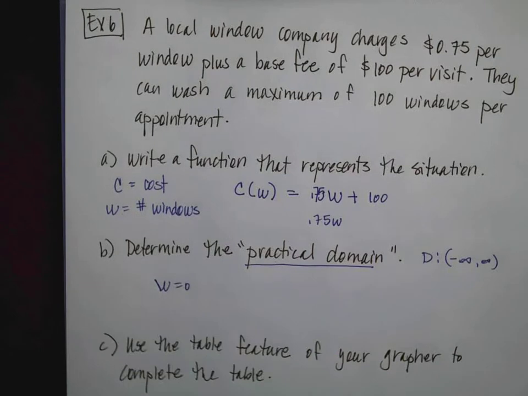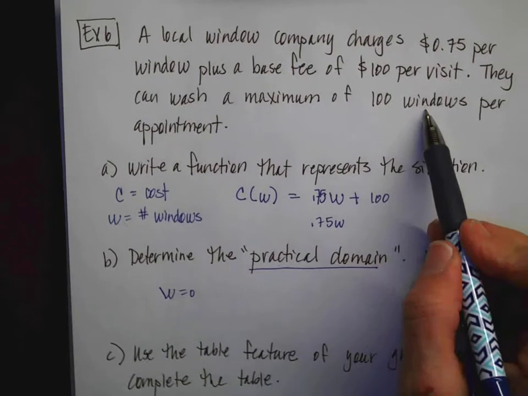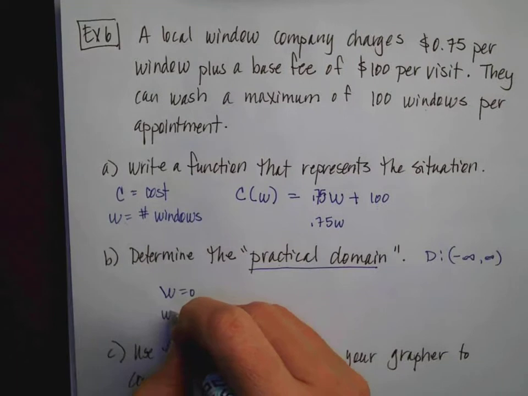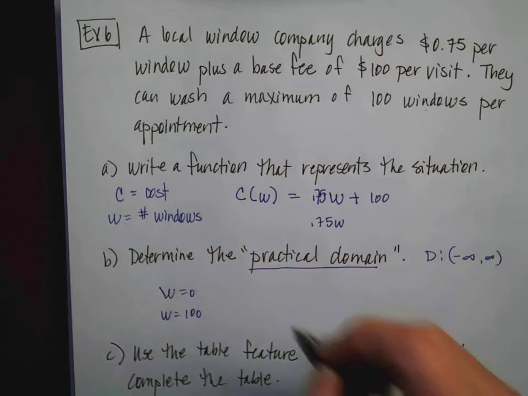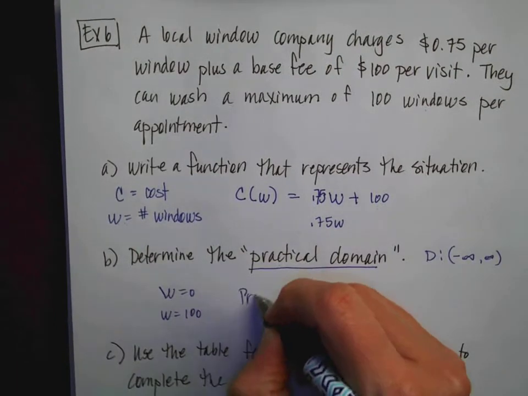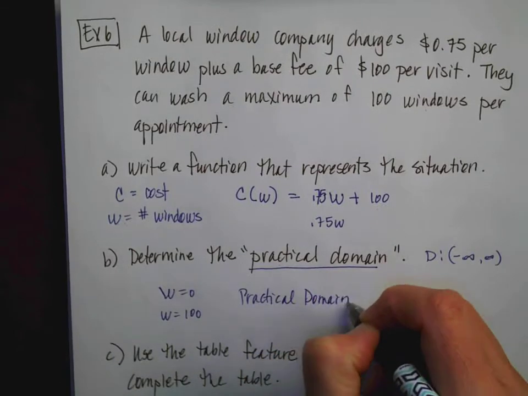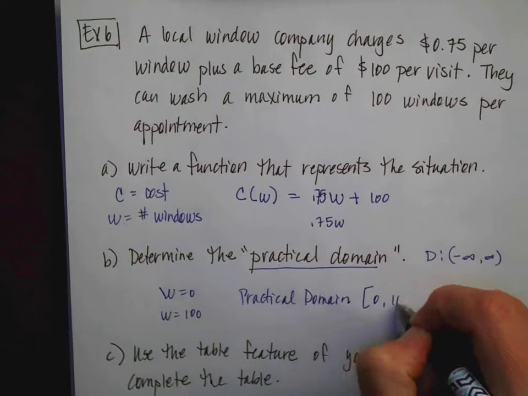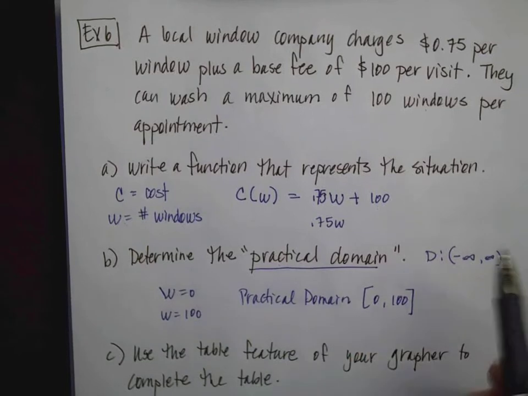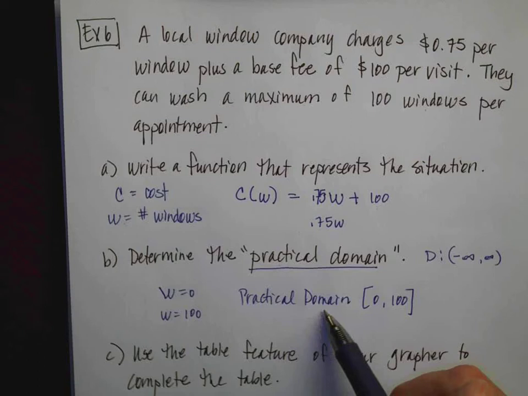So W equal to 0 would mean that they haven't done any windows. Negative windows would be kind of weird. And then the most windows that they can do per appointment would be 100. So I would say that my practical domain would be from 0 to 100.